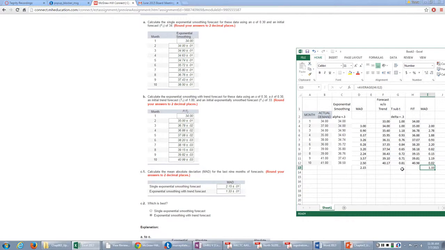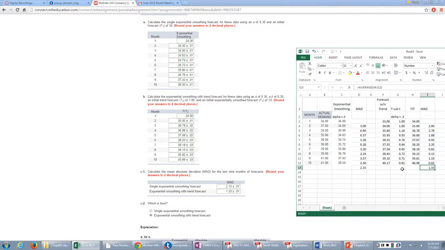So what that mean absolute deviation is telling me is the average error of each forecast away from the actual, and it doesn't matter whether it's above or below, because I'm not accumulating positives and negatives. Every difference, whether positive or negative, should count.